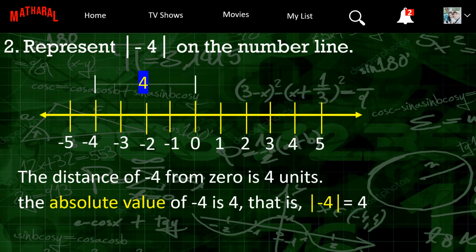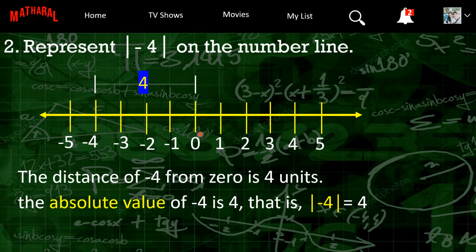In here, we are asked to represent the absolute value of negative 4 on the number line. So, given the number line itself, on our previous slides, we were asked to find the absolute value of 6, and that's a positive integer. So in here, we're asked to find for a negative integer, particularly the absolute value of negative 4.